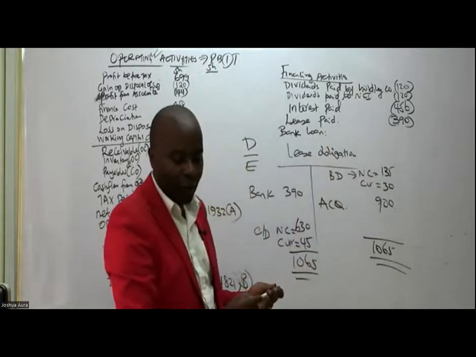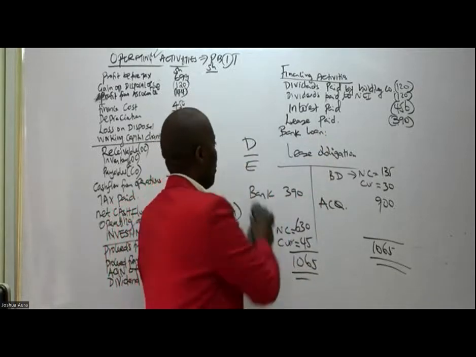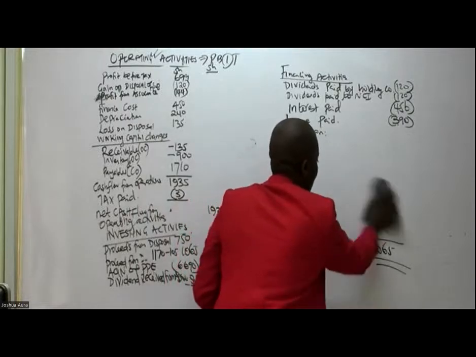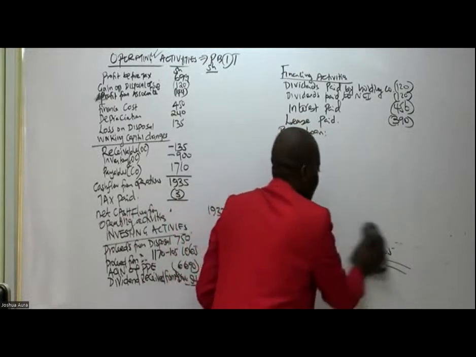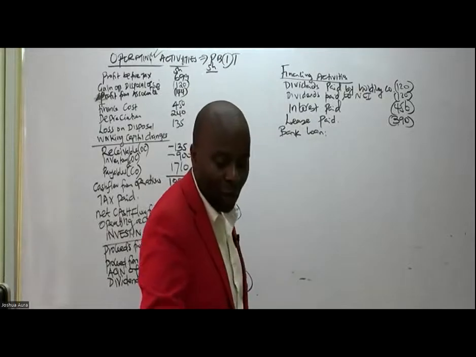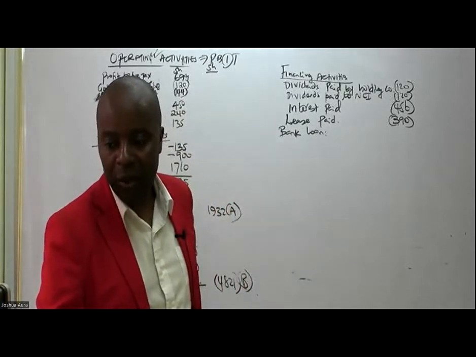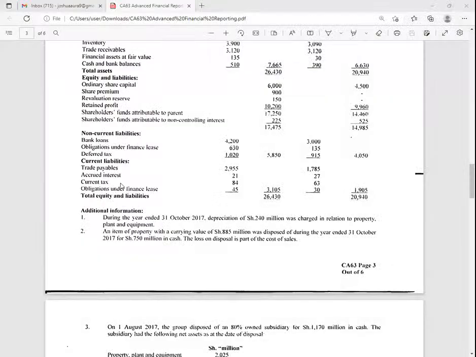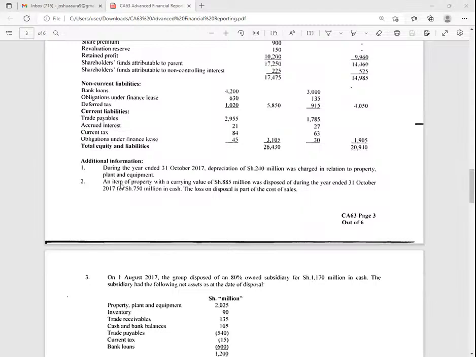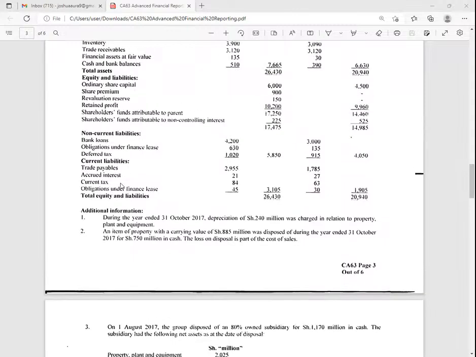The bank loan, you can even draw a T account if you wish. But of course, as we get along, we don't like doing these T accounts, the time wasters. So for bank loan, we began with 3,000.